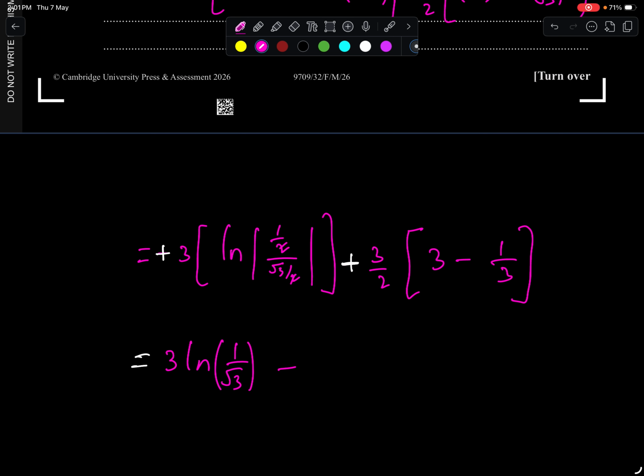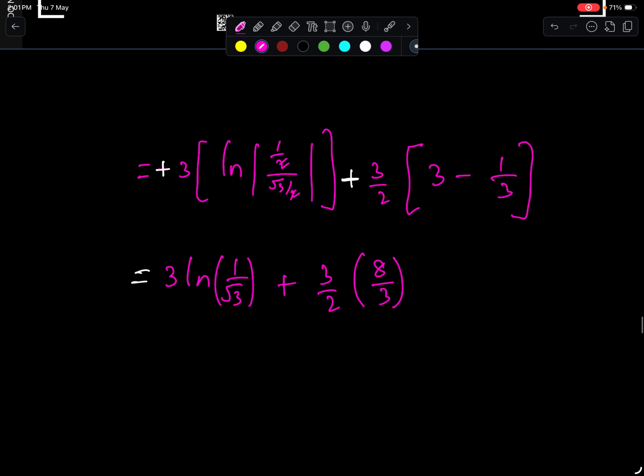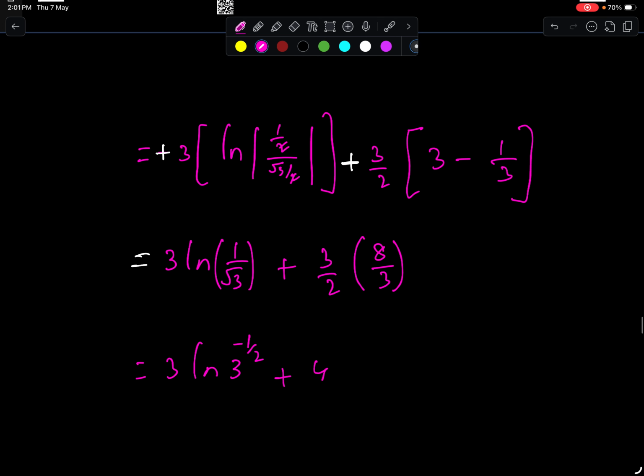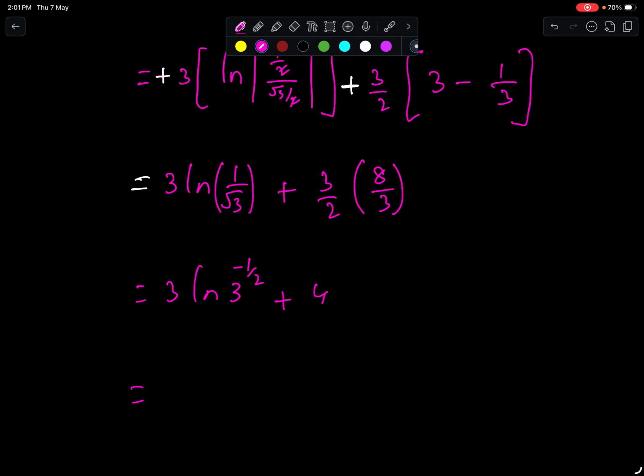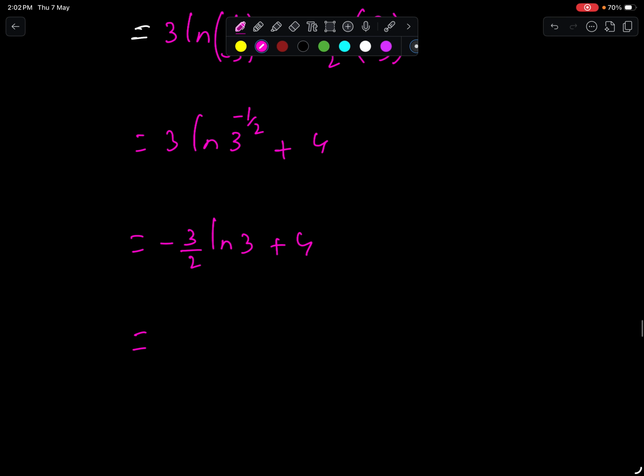Okay, this is 3 upon 2, 8 upon 3. Now 1 upon root 3, you can write 3 power minus half. This is, I think, 4. So we are getting minus 3 upon 2 according to power law. We can bring minus half here, plus 4. Now give your answer in the required form.